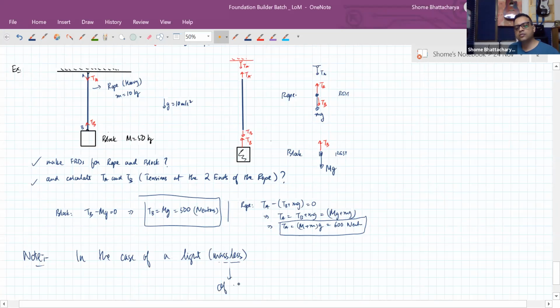Massless means of very small mass. It doesn't mean zero mass, because nothing can be exactly zero mass. The tension will always be uniform at both ends. In fact, at all points.